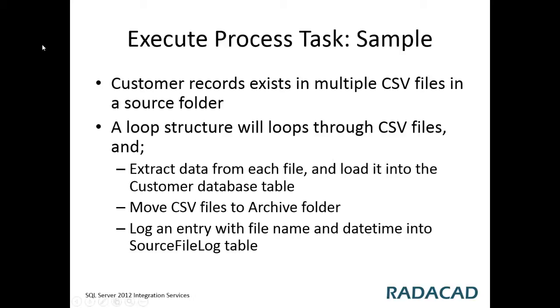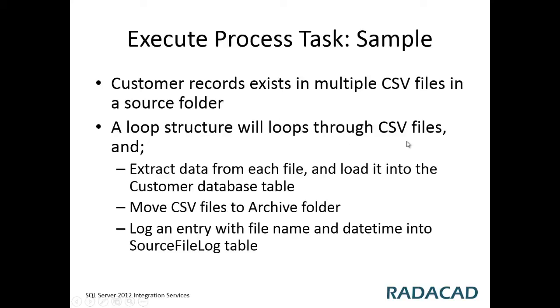For the sample of this example, we use some CSV files. Each CSV file contains some records for customers, and we want to load those CSV files, which exist in a source folder, into a destination table.